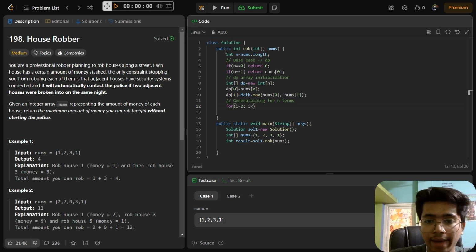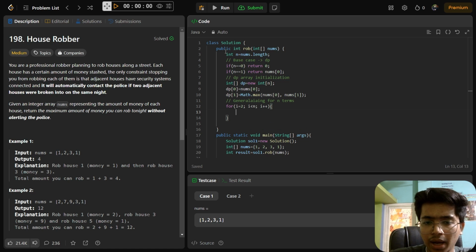For I equals 2, I less than n, I plus plus. And now we'll be writing dp of I equals math.max of dp of I minus 2 or dp of I minus 1 plus, no, that was not the case.